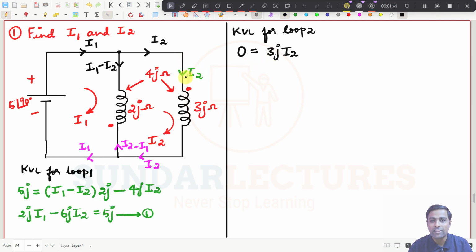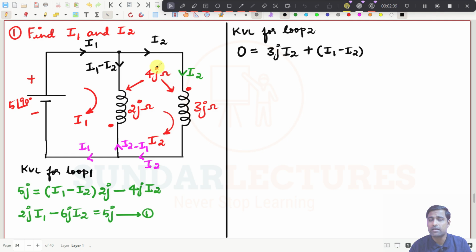See this one. This coil's current is I2, which is entering through the dot. Now I have to see this current. Forget about the other current now, right? This current is also entering through the dot. So I have to put plus, and then it is I1 minus I2, that is current in the opposite coil.